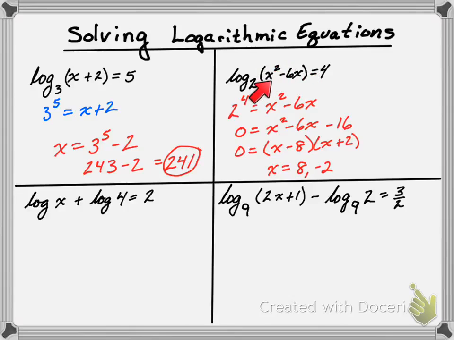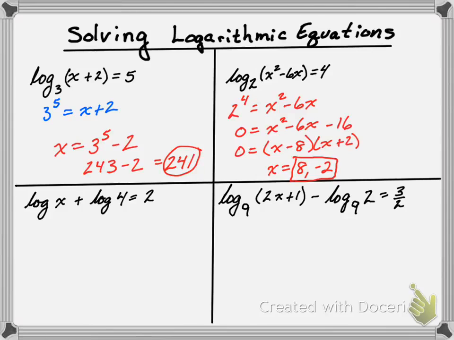Let's try negative 2. Negative 2 raised to the 2nd power is 4. Negative 6 times negative 2 is positive 12. And 4 plus 12, that's going to give us 16, which is a valid solution as well. So we do have two values of x that will satisfy this equation.